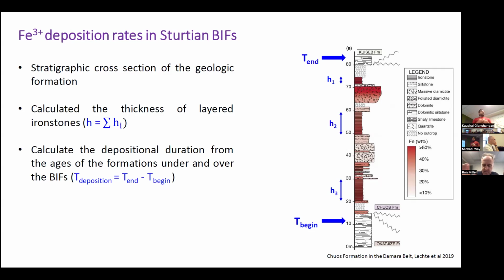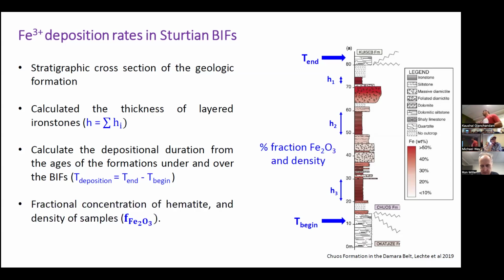The underlying assumption here is that iron deposition is the slowest process happening while this stratigraphic formation is being deposited.